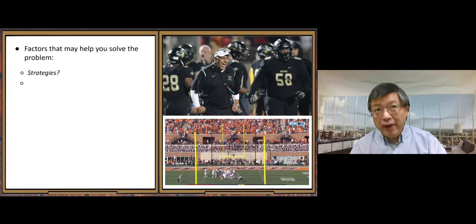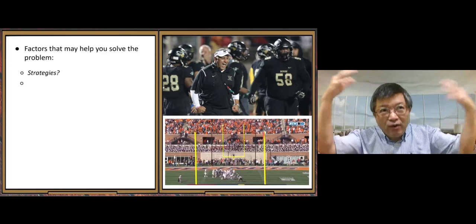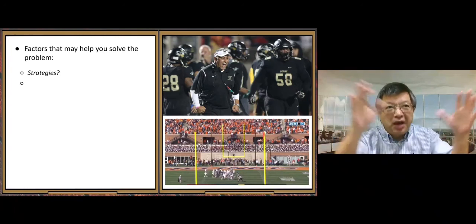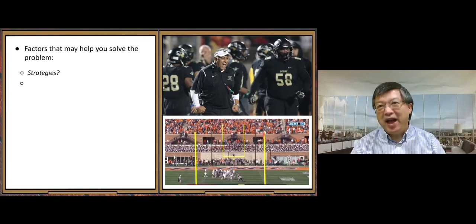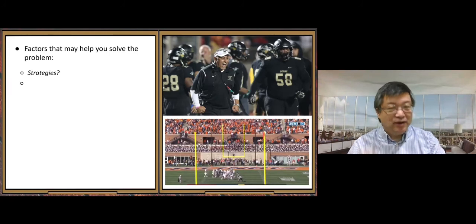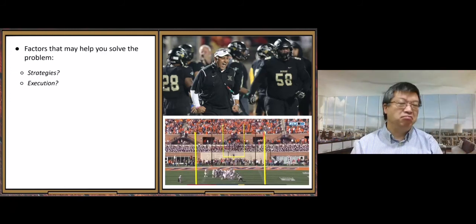Because the strategy part already, during the whole game, both sides already applied all the successful strategies to get to that last-minute situation. So then, to make it or miss it is very hard to predict. What's that factor? Execution. How the kicker can execute that critical task.